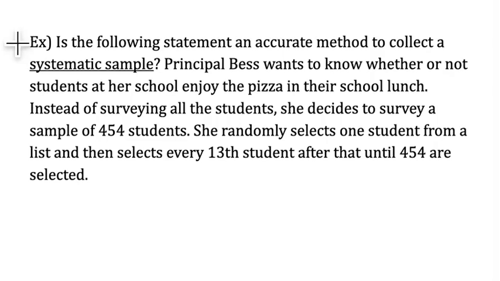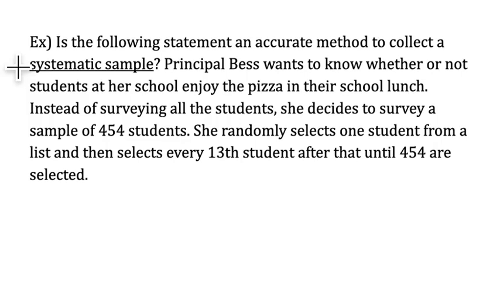So in this example, we're wondering if the statement is an accurate method to collect a systematic sample. Principal Bess wants to know whether or not students at her school enjoy the pizza in their school lunch. Instead of surveying all the students, she decides to survey a sample of 454 students.